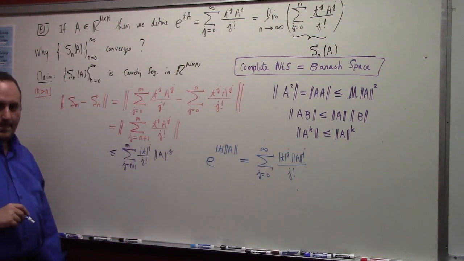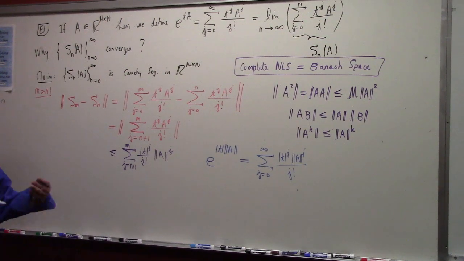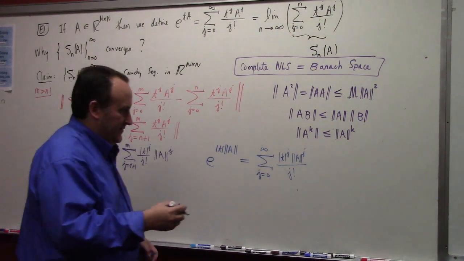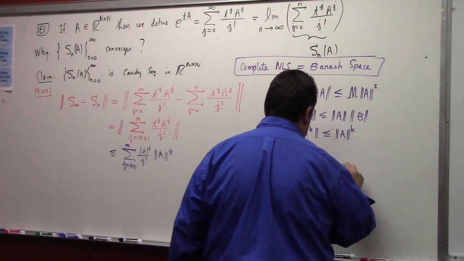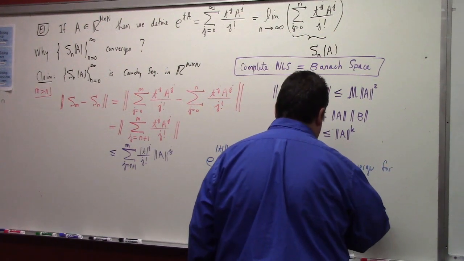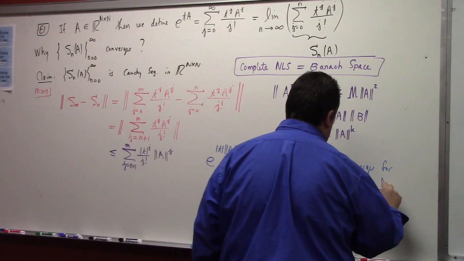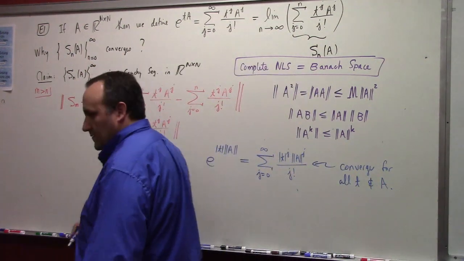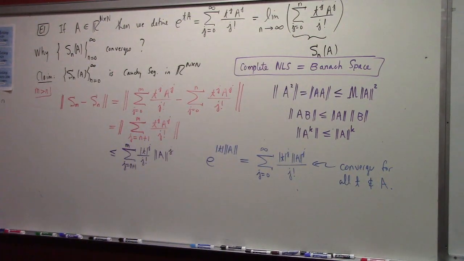We know from our study of calculus that that's a convergent series for any t. So this converges for all t and a, because the norm of a is finite.